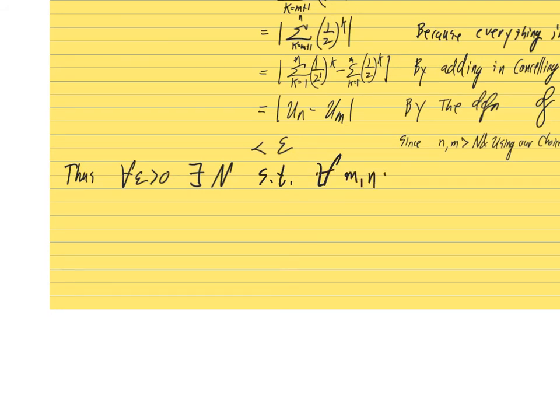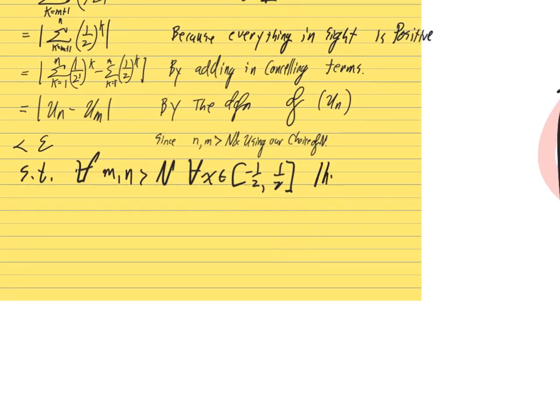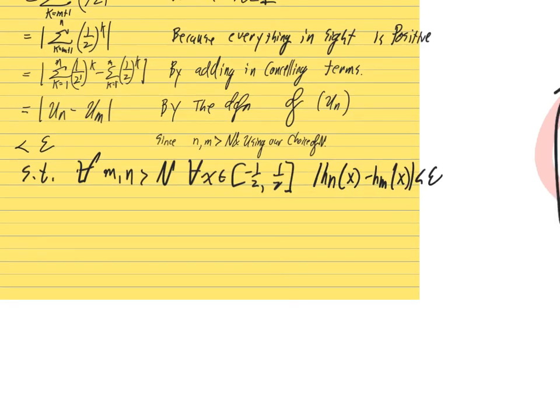m and n bigger than big N, and for all x in negative 1/2 to 1/2, absolute value of h sub n of x minus h sub m of x is less than epsilon.